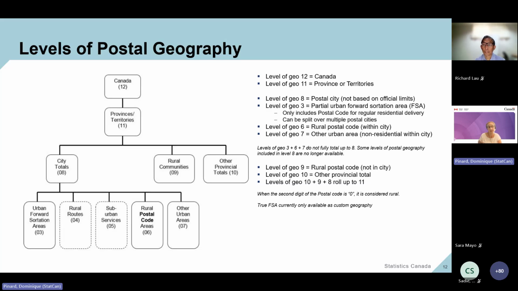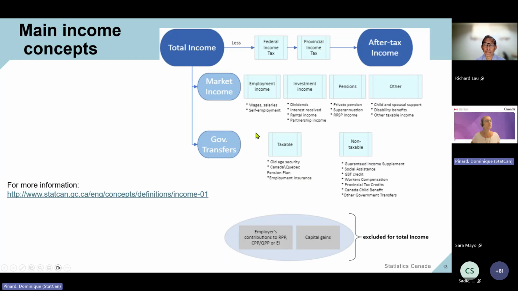It could be for technical reasons because the delivery mode is not considered to be urban, or it could be that the FSA is not available for release and is included in other urban areas or other provincial totals depending on the postal code. So this is about as much as I want to say about postal geography. Feel free to ask questions.